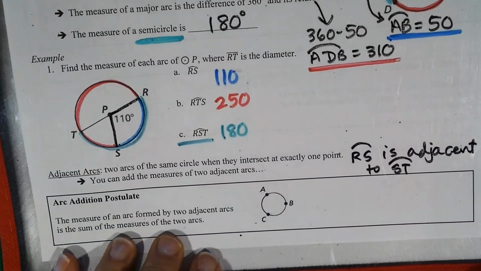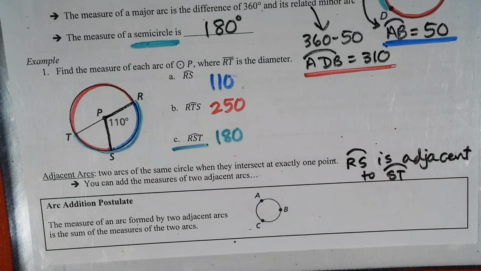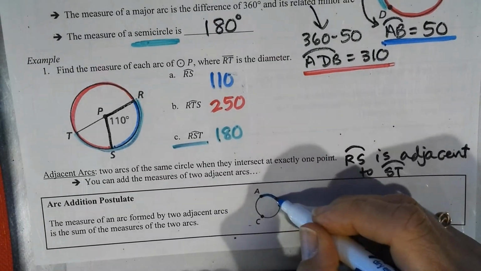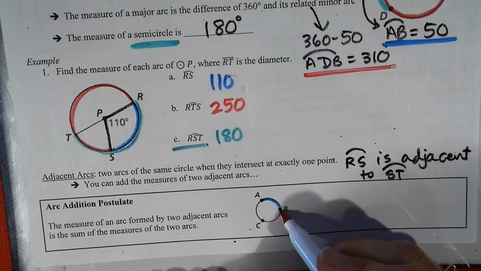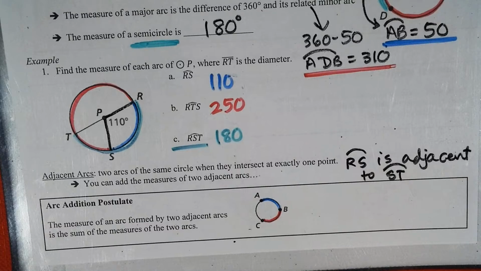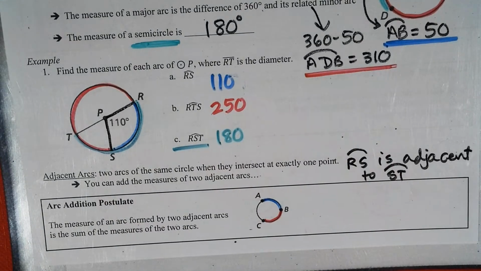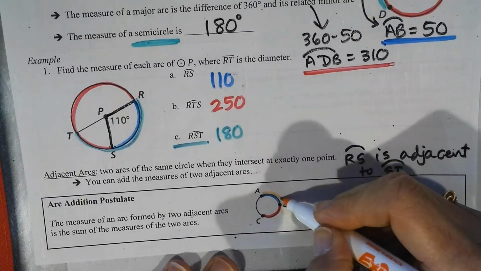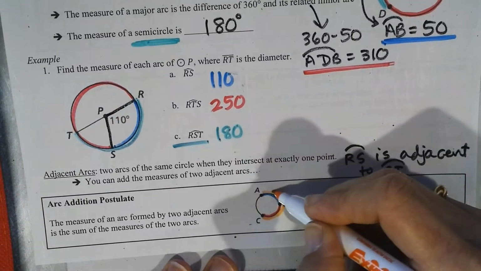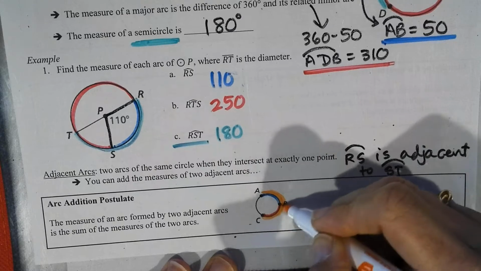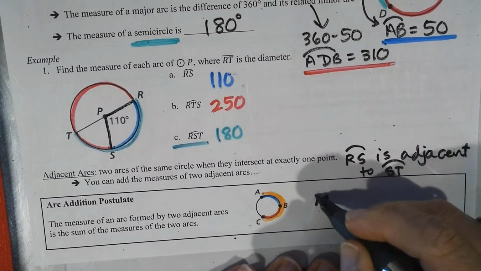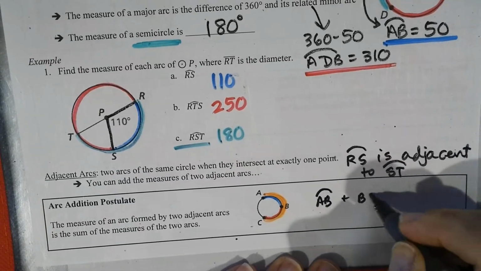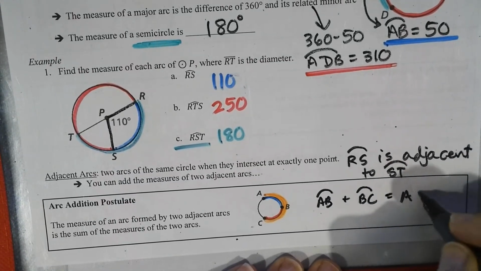So you have this addition postulate, which means that if you add 2 of them together, then it equals 1 big one. Okay, so the measure of an arc formed by 2 adjacent arcs is the sum of the measures of the 2 arcs. So say I had AB plus BC, that's going to equal, so AB arc plus BC arc is equal to AC arc.